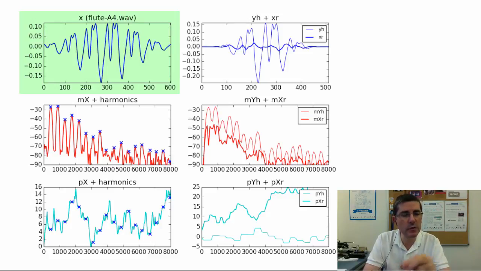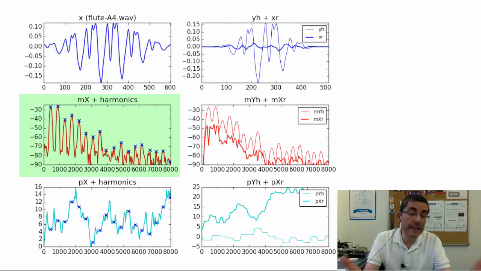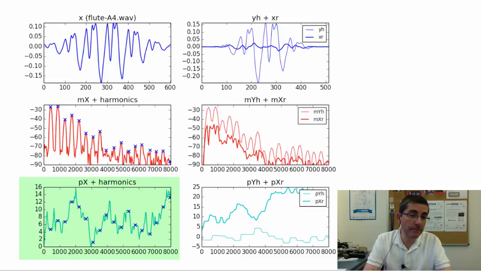It's just a few periods of a flute sound, and then below that we see the harmonic analysis that we do from the spectrum. So we do the spectral analysis, the peaks, and we select the peaks with these blue crosses that are really the harmonics of that particular sound. And below it we see the actual phase of the spectrum with the crosses at the phase of these harmonics.